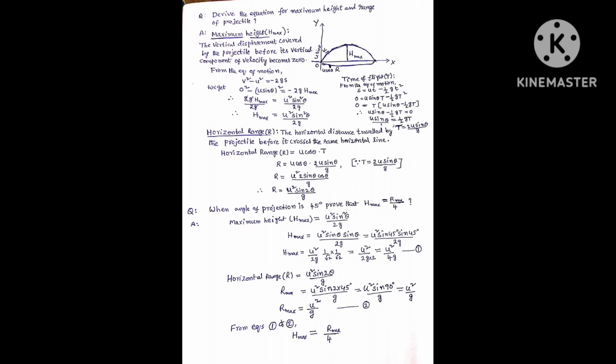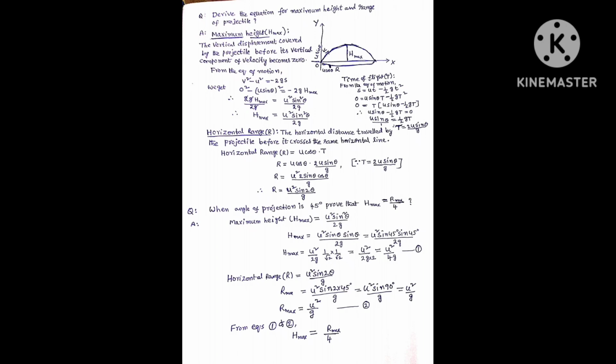From the equation of motion, s equal to ut minus half gt square, instead of s we put 0, in the place of u we put the initial velocity in vertical direction u sin theta, and in the place of t we put capital T. Therefore, 0 equal to u sin theta T minus half gT square. 0 equal to T times (u sin theta minus half gT).